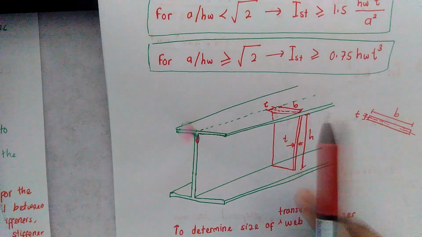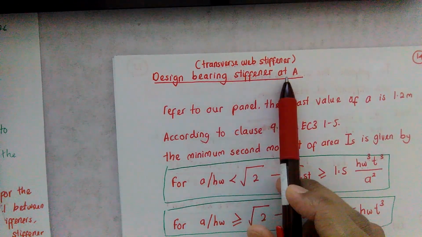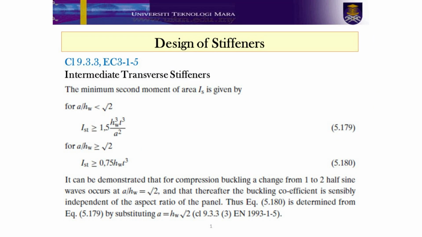So the next step is to design the transverse web stiffener at A and B.